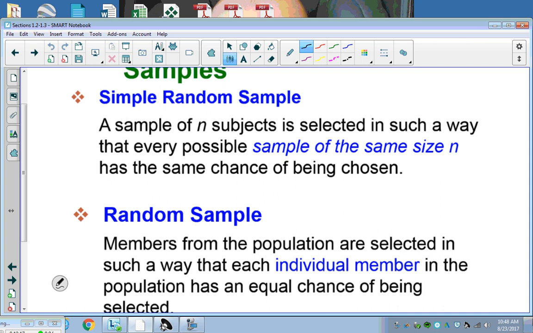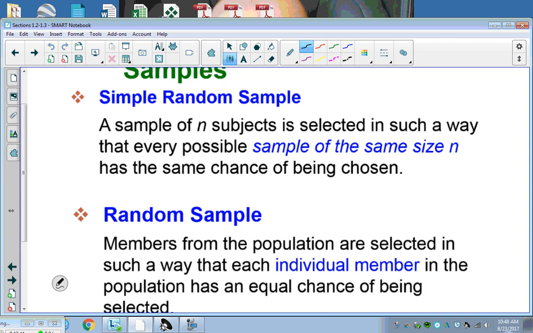So if I wanted to do that here, and again, put your names in a hat, draw out, here's a group, here's a group, here's a group. That's a simple random sample because you had the same opportunity, the same chance of being within that sample. So I could have one sample of 5, mix them all up, get another sample of 5. So I have every possible sample having the same chance.